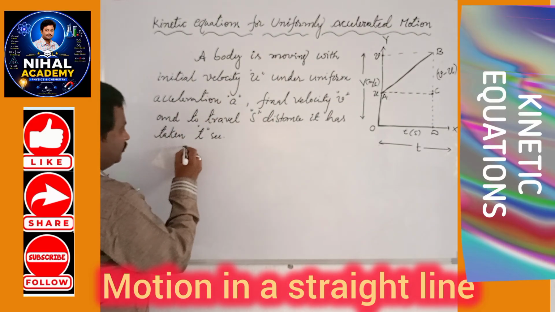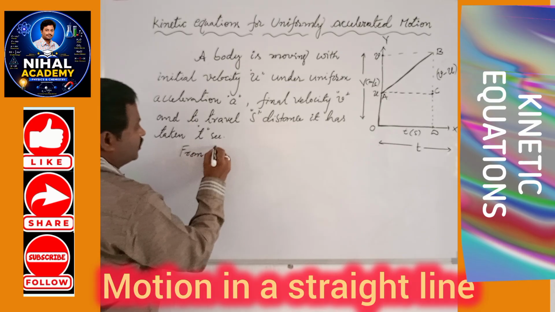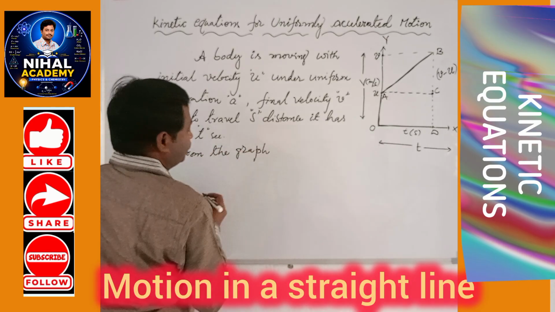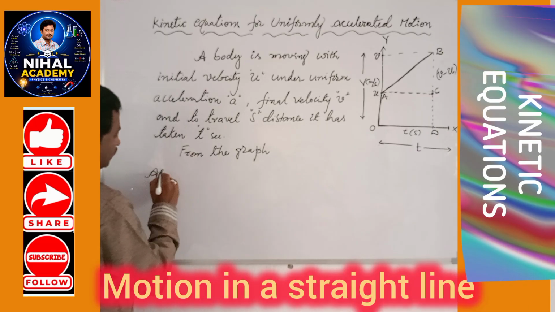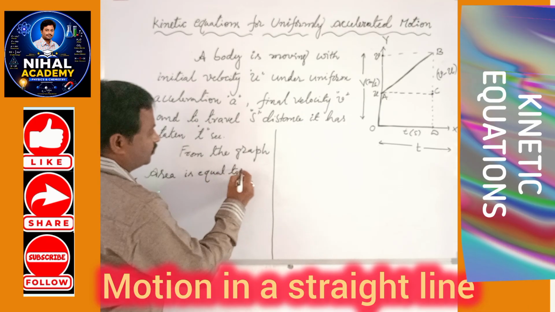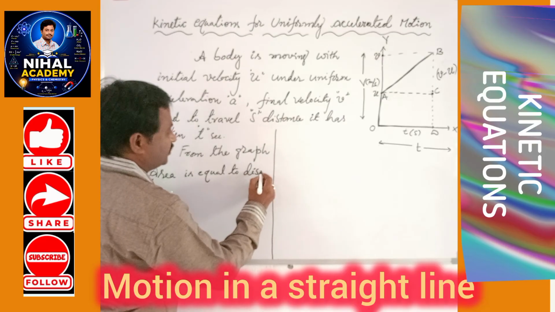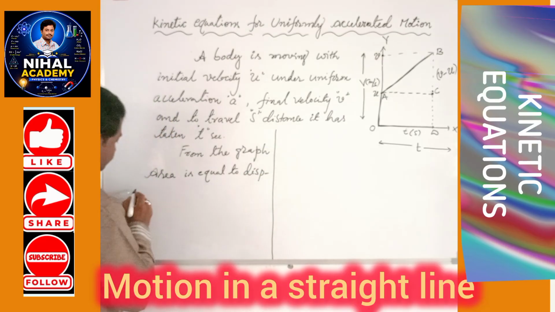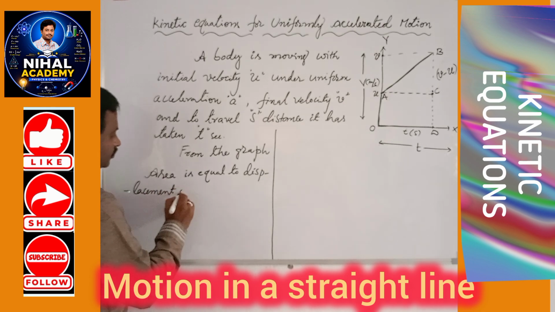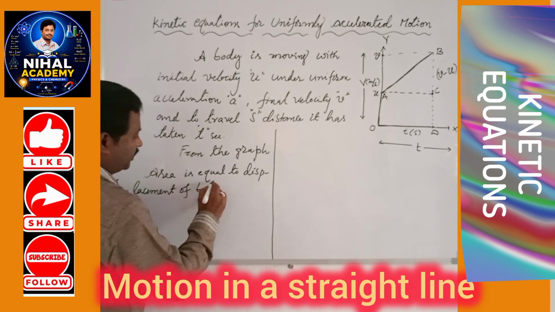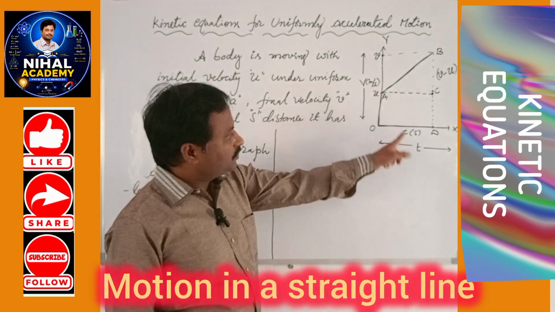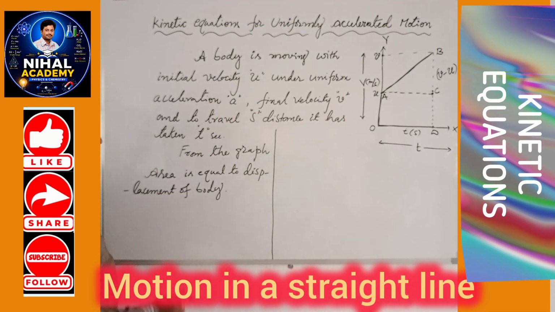So from the graph, area is equal to displacement of the body. So the area of the VT graph gives displacement.